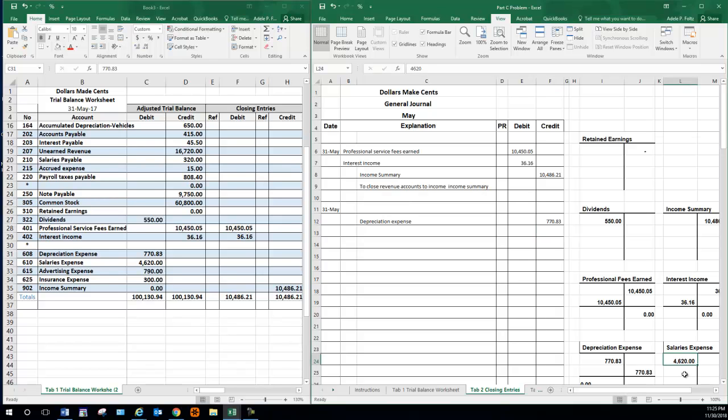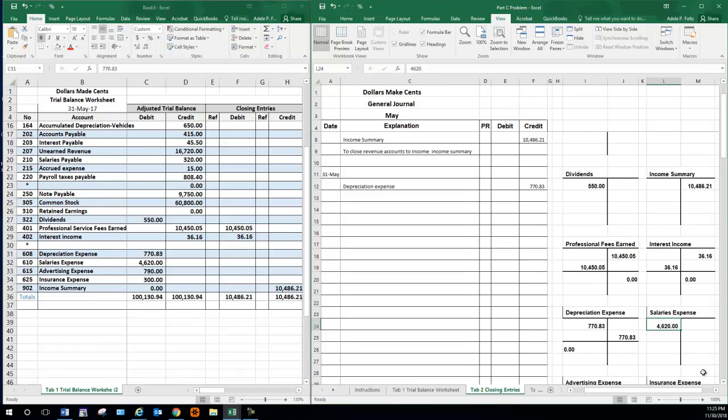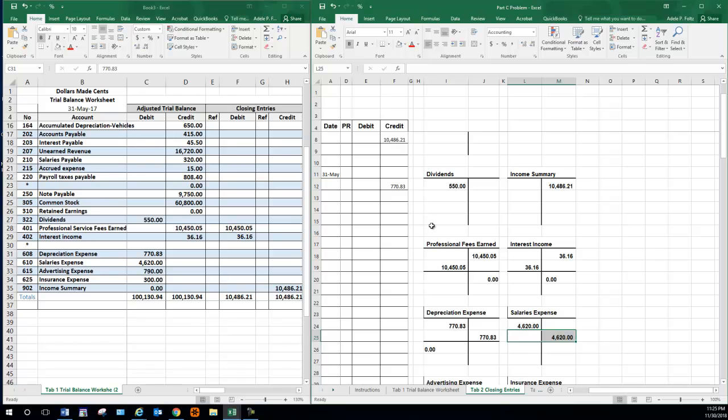Our salaries expense over here has a debit balance in it of $46.20. In order to make that become 0, you guessed it, we have to credit it, $46.20. And now the balance of that account at the end of May is 0.